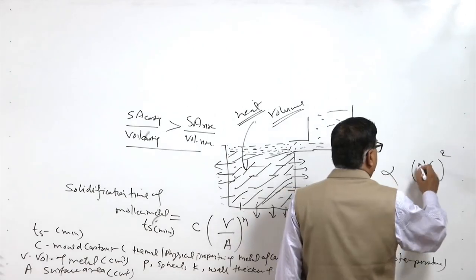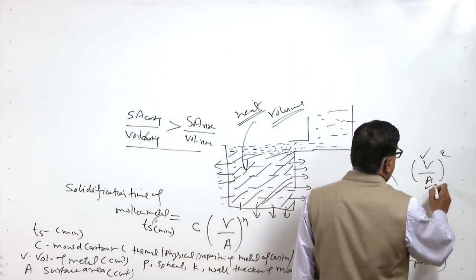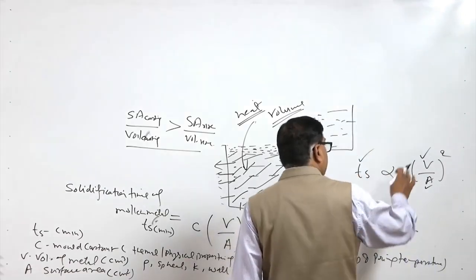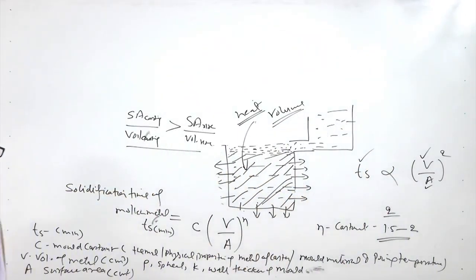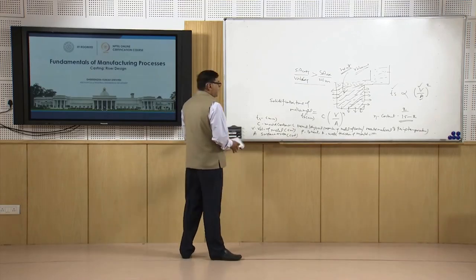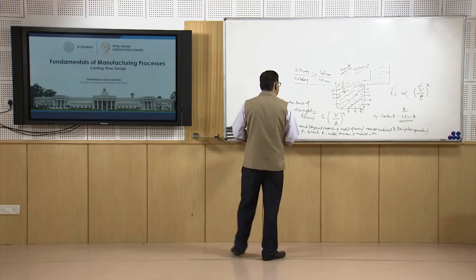Here, for a larger volume the time will be more, similarly for a larger area for a given volume the time will be less. This is how the solidification time can be given, and this is one of the very commonly known equations.